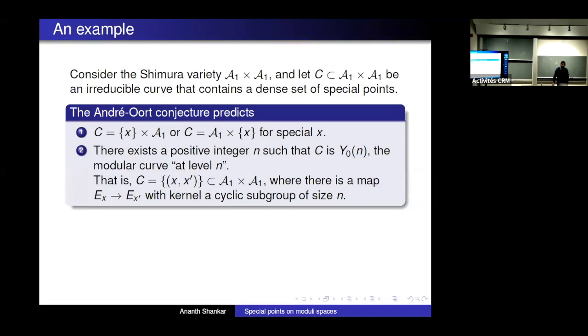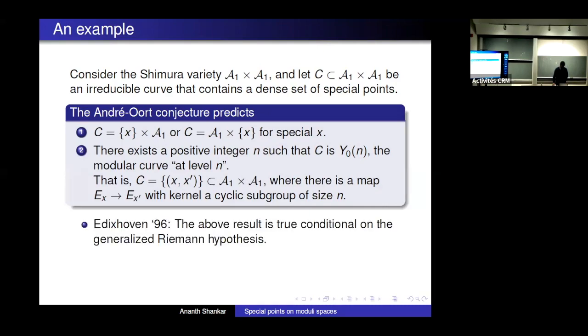Let's call that locus Y0(n). Well, what the Andre-Oort conjecture predicts is either your C is going to be one of these Bowen curves, x cross A1 or A1 cross x, or it's going to be Y0(n). So as soon as it passes through infinitely many special points, it's extremely constrained.